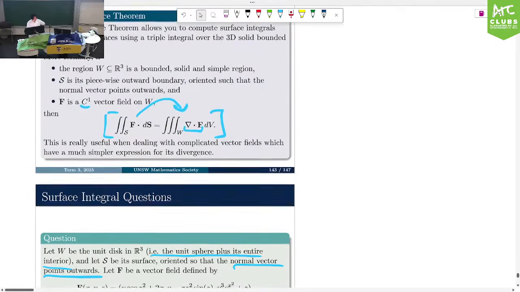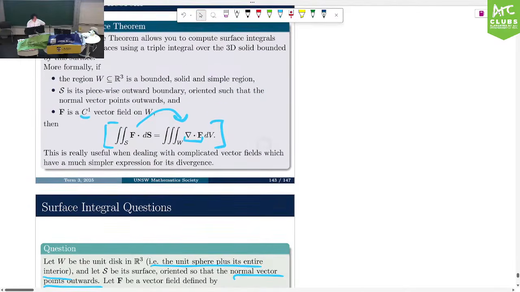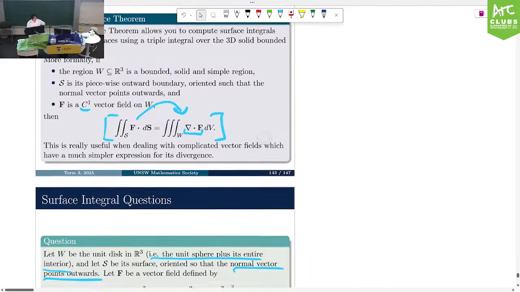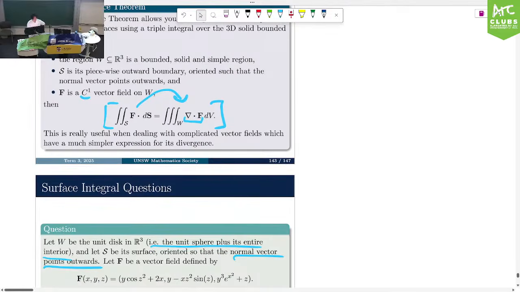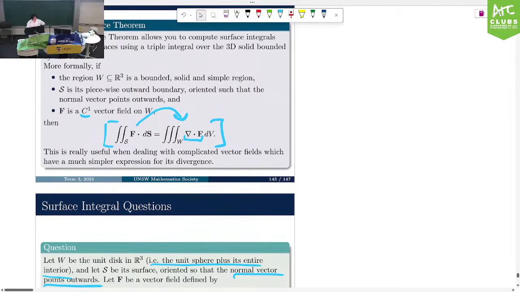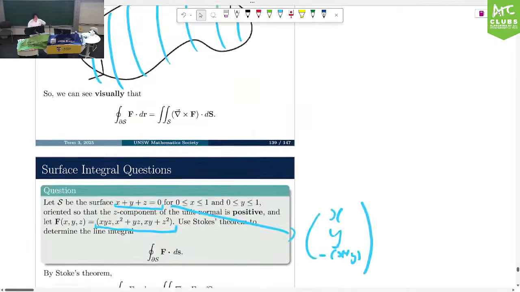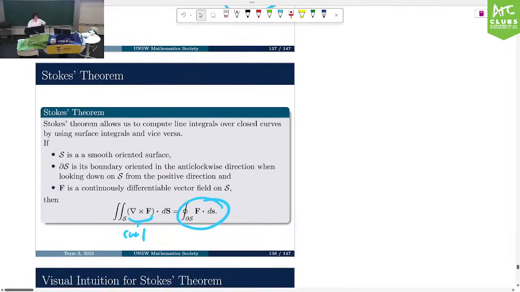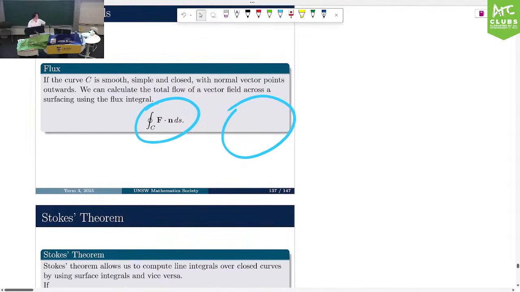I'm probably wrong. So you're dealing with the divergence across a surface. I suppose it is similar in a way to the flux, because the flux is just across the normal in a path.